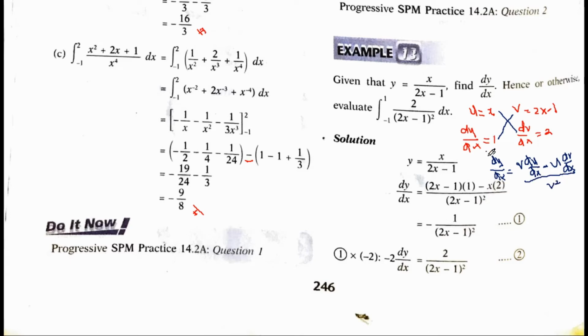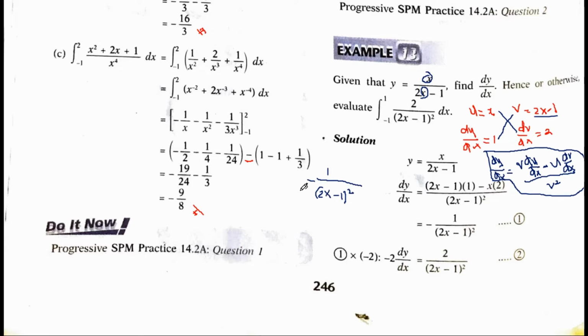This is the formula for the quotient rule. dy/dx equals v, which is 2x minus 1, times 1, minus u times dv/dx, which is 2x, over v squared, so (2x minus 1) squared. Then you will have negative 1 over (2x minus 1) squared. I write it down here. Negative 1 over (2x minus 1) squared.